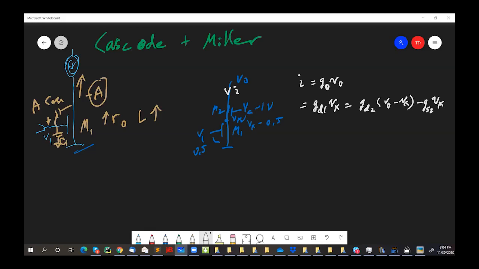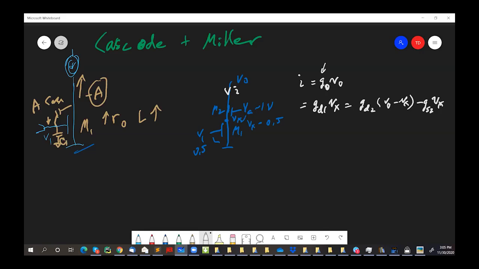And so what we're saying by definition, it's equal to GO, which is the GO that we want, times VO. So GO is what we're trying to calculate. And then we say that the change in the current is equal to the change in the bottom current, and it's also equal to the change in the top current. Both of those currents are changing by the same amount, right? There's no other place for the current to go. That's what I'm doing here. Is it clear? Yeah. Okay.